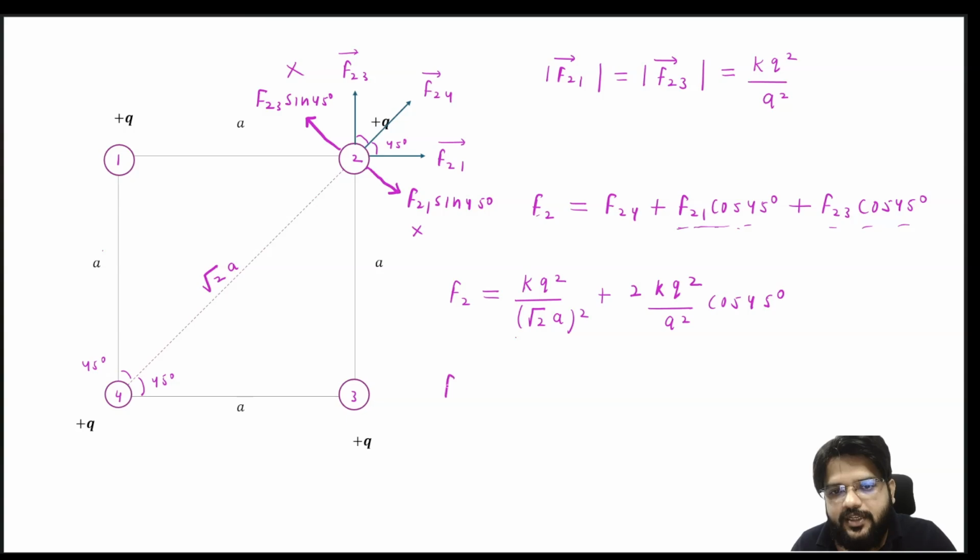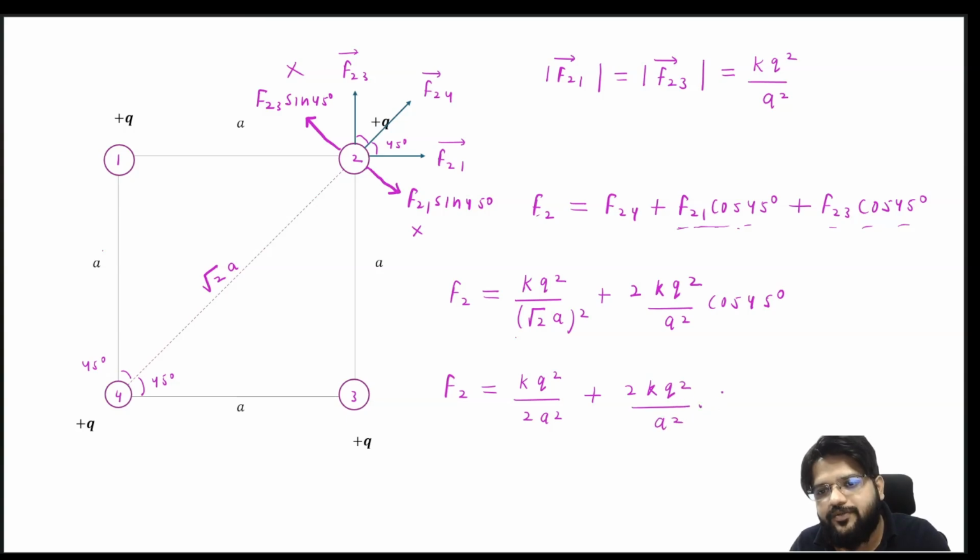Now the next thing is what? F2 is equal to KQ square divided by 2A square plus 2KQ square by A square cos 45, where cos 45 is 1 by root 2.